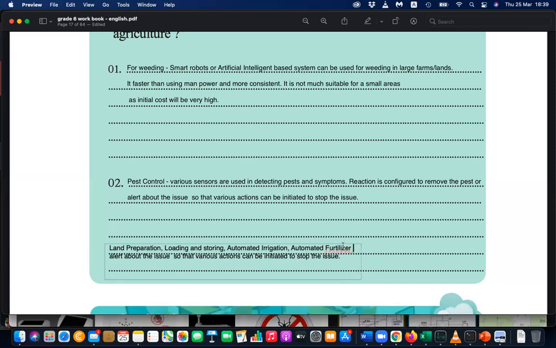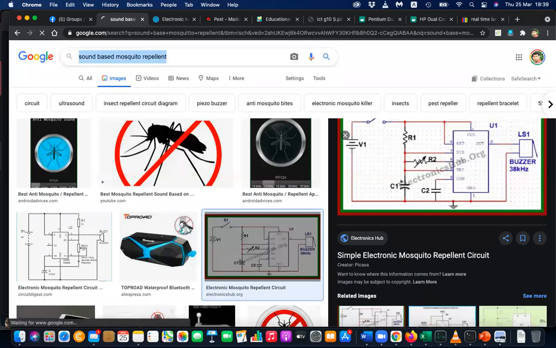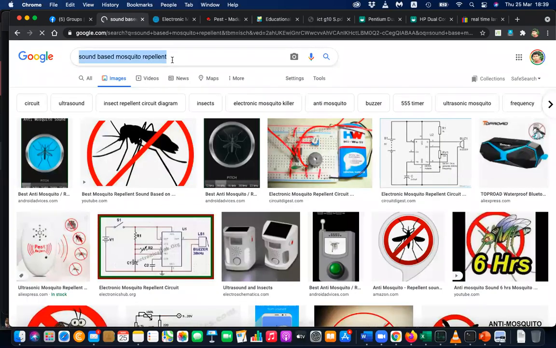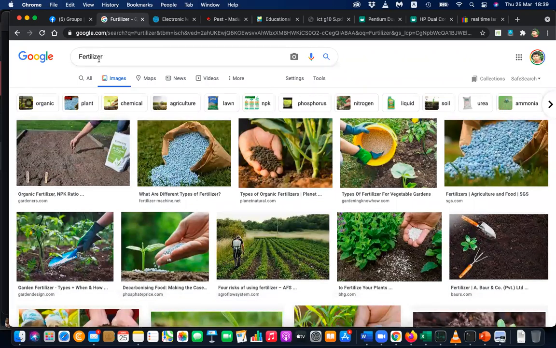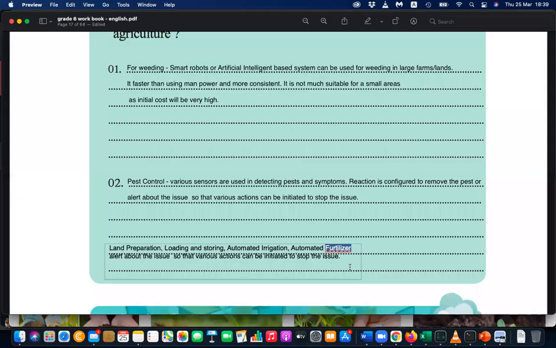Fertilizers. Again, I have a spelling issue. So F-E-R, sorry, fertilizer.